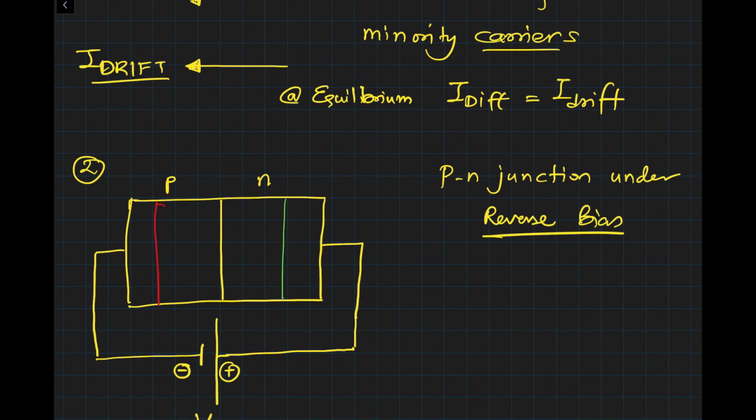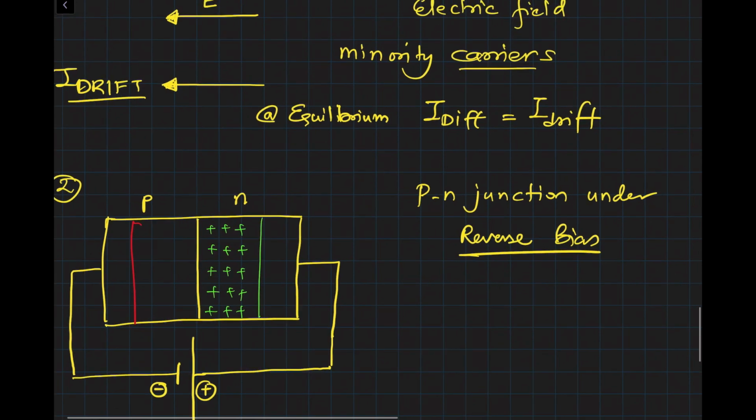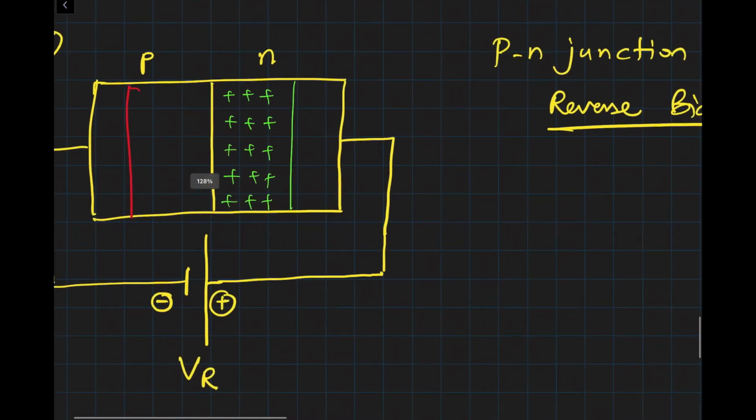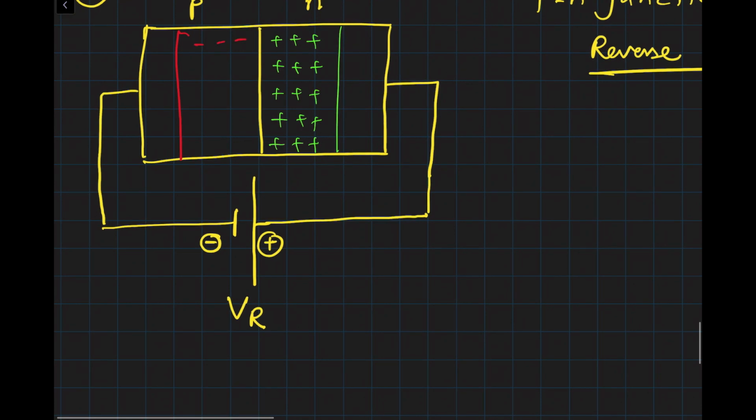Okay, and since we have connected positive to the N type, you will have more positive potential on this side, and similarly we have more negative potential here, something like this.